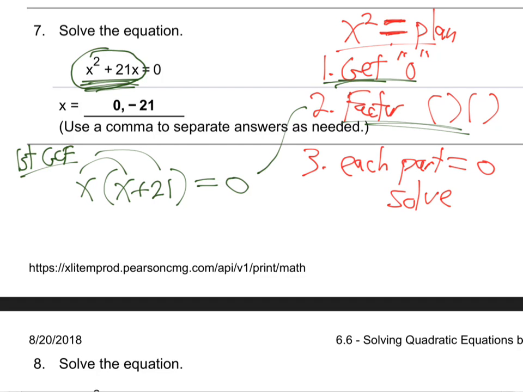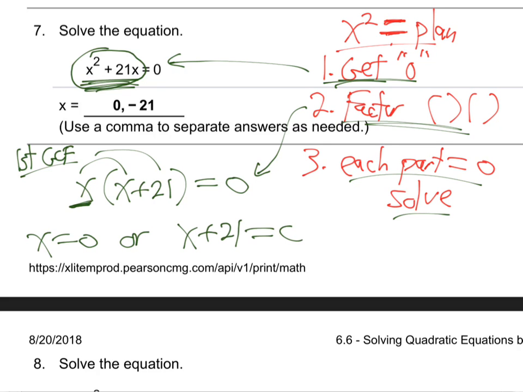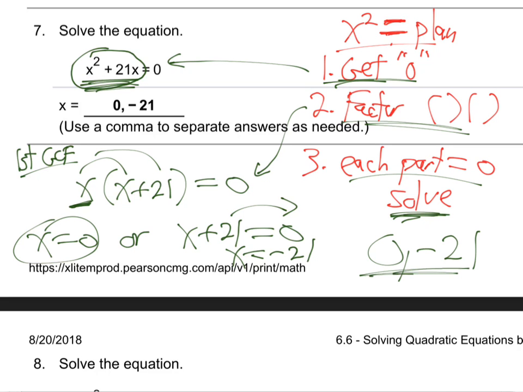So that's really step 2, factor, because it already had the 0. Step 1, get a 0. It already had it. Step 2, factor. We did. Now what do you do in step 3? Each part equals 0. So take the x alone equals 0, or the x plus 21 equals 0. Each part gets its own 0, and then you just solve. So this one's done already. This one, just jump it over, negative 21. So the answers are 0 and negative 21, which we already knew.